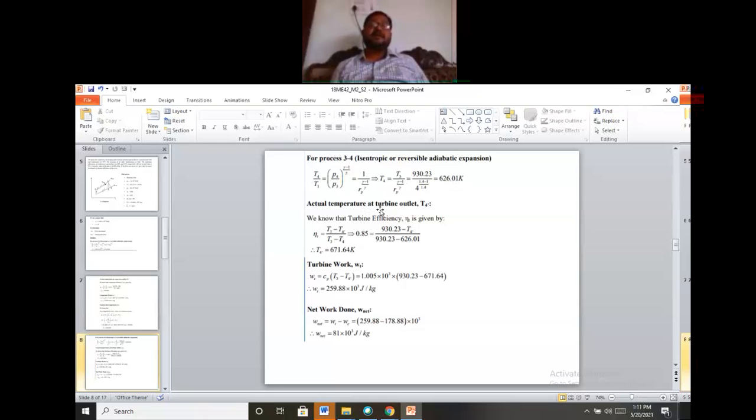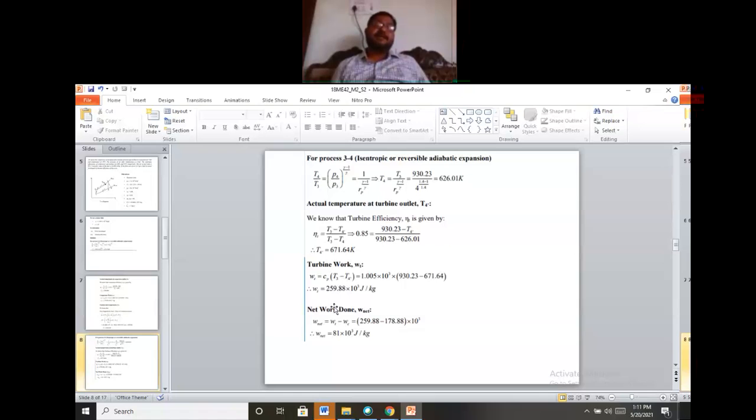For the actual turbine work, turbine efficiency is T3 minus T4 dash divided by T3 minus T4. 0.85, 930 minus T4 dash over 930 minus 626. We will get T4 dash as 671.64 Kelvin.